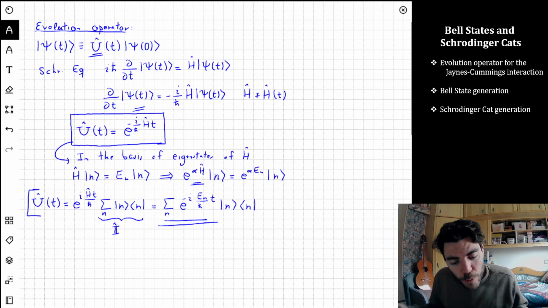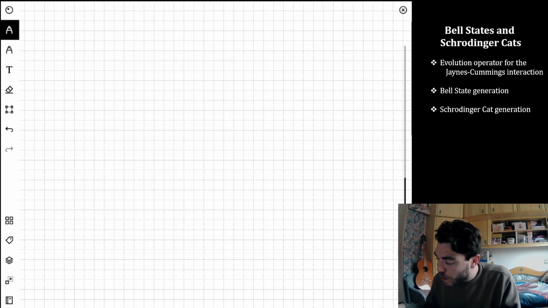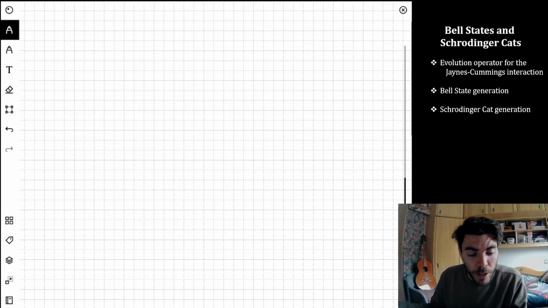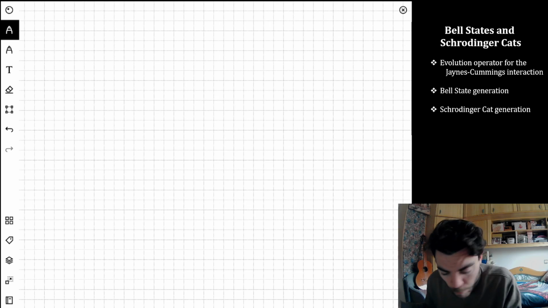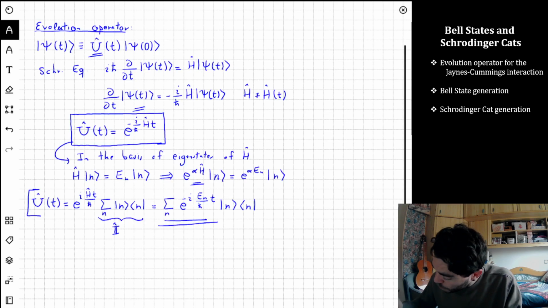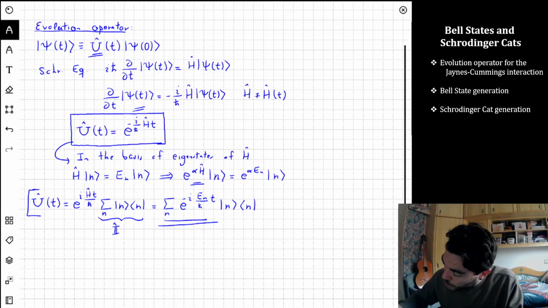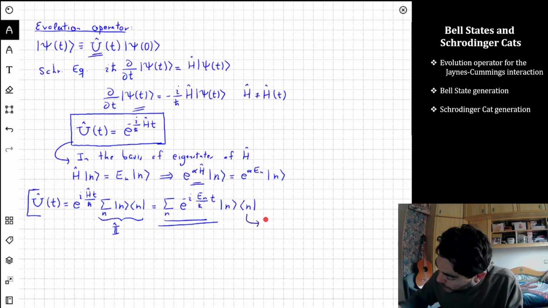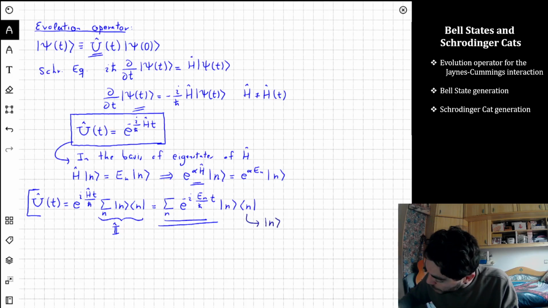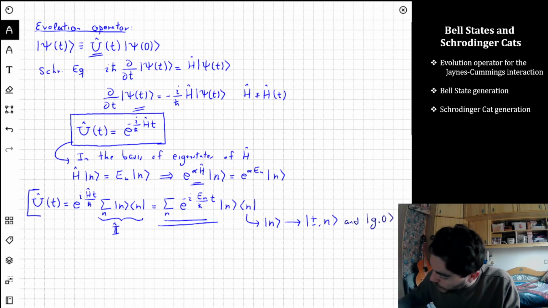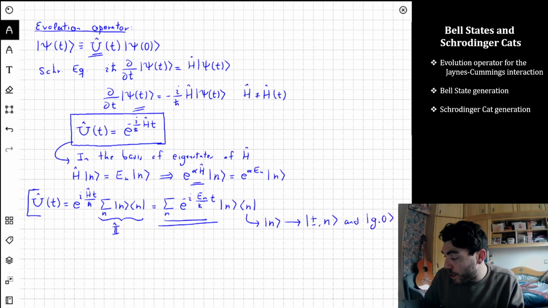And now what we are gonna do is compute the evolution operator in the case of the Jaynes-Cummings Hamiltonian. Because what you need to know in order to compute the evolution operator in this way is the eigenstates of the system, but the eigenstates of the system, if you remember from the last video, are plus minus n and the ground state, which was trivial, G0 basically.